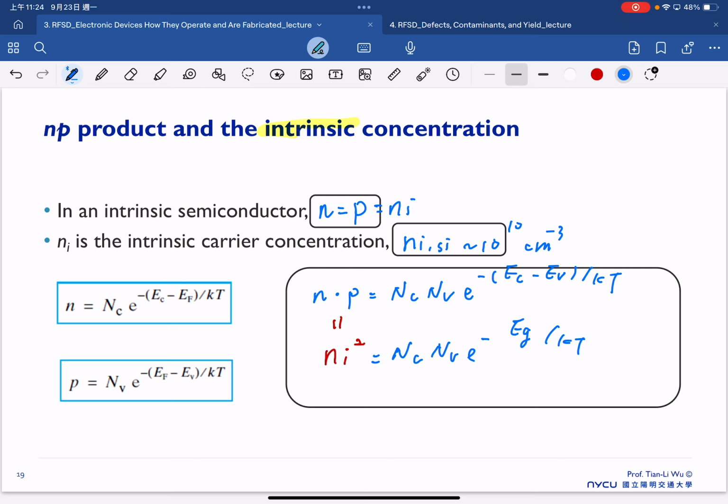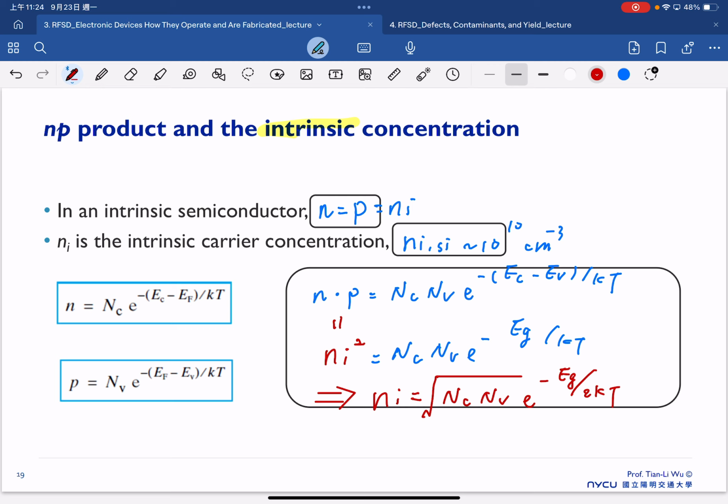So now we can further derive this equation as Ni is equal to square root of NC NV exponential minus Eg over 2KT.